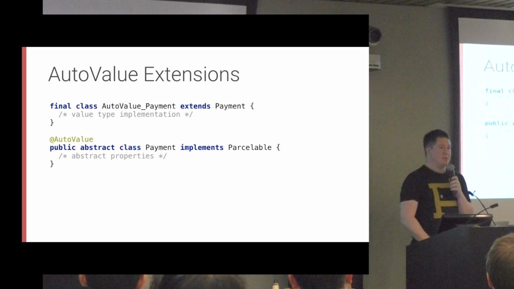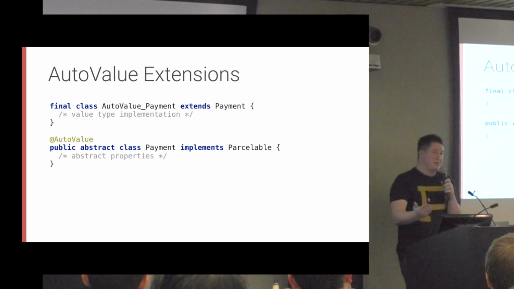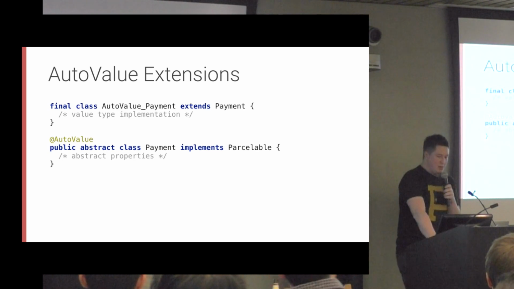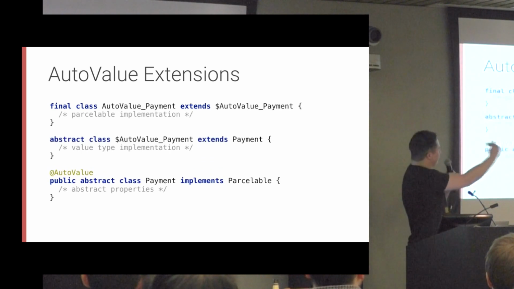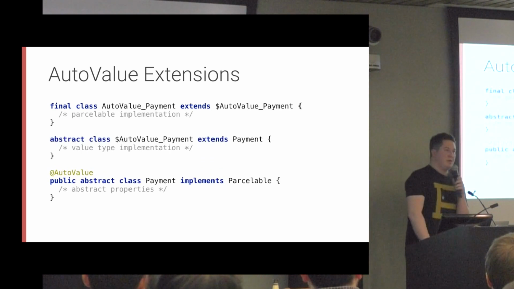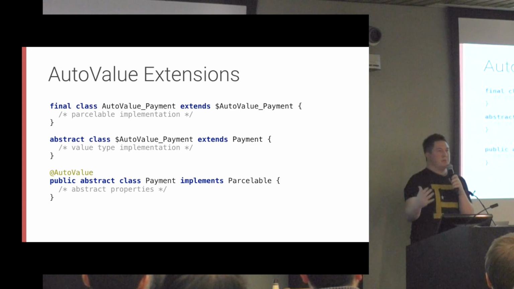And what extensions allow us to do is detect when an AutoValue class implements Parcelable, and then we just shove another class in that hierarchy, which actually does the Parcelable implementation.